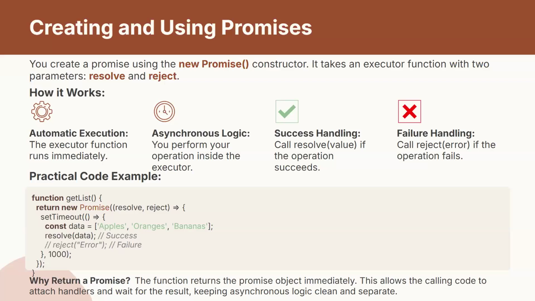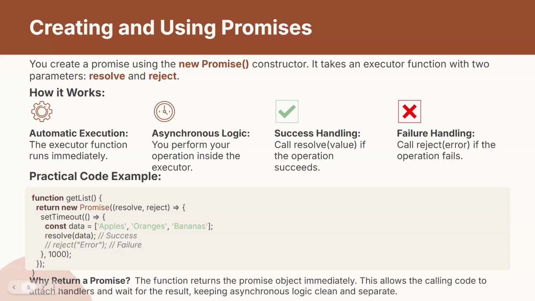In the example here, we're just fetching a list of fruits, and the getList function returns a promise. Inside, we use the setTimeout method to mimic a delay, and after 1 second we call resolve with an array of fruits.